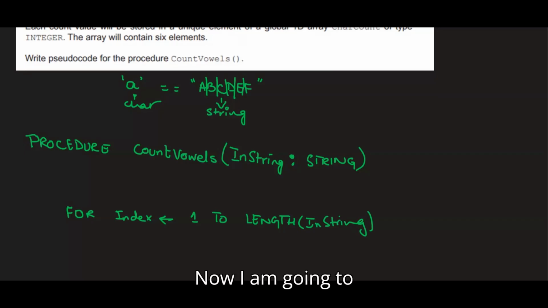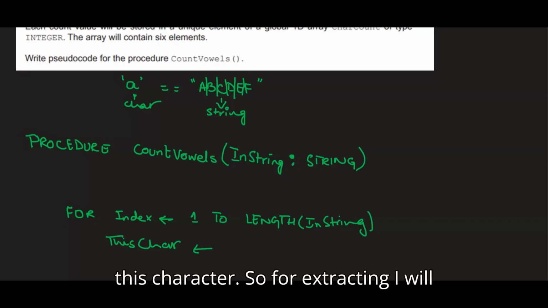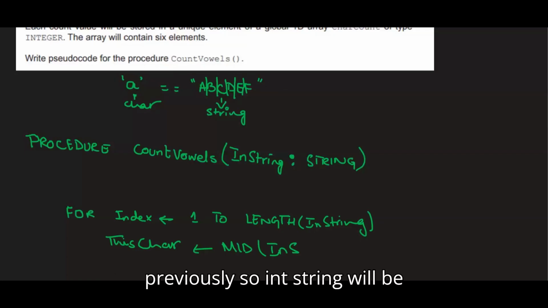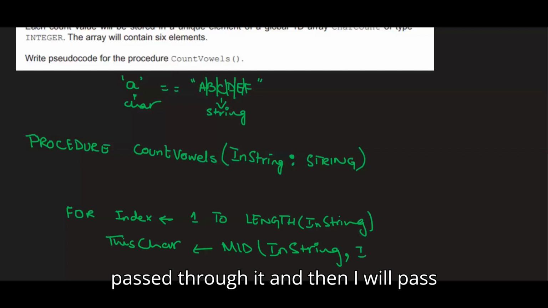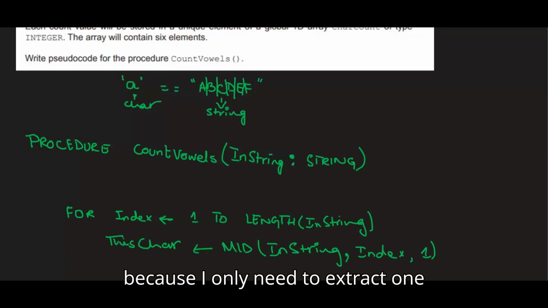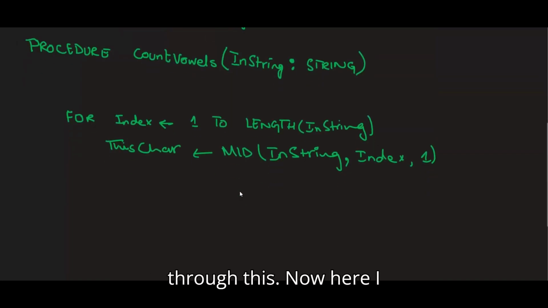Okay. Now I am going to extract the character and store it in the variable this character. So for extracting, I will use the mid function that I explained previously. So in string will be passed through it, and then I will pass index here, and then 1, because I only need to extract one character.